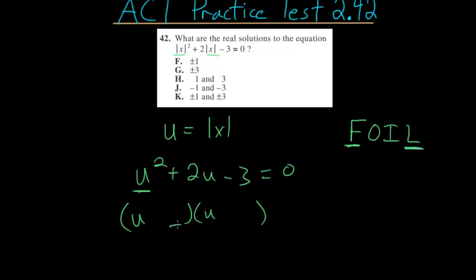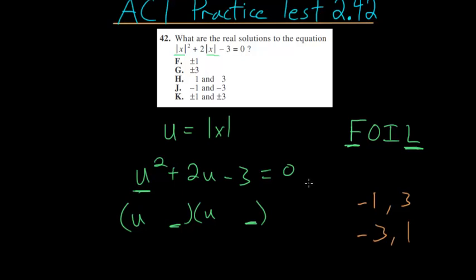We know that this term and this term multiply together to give us this minus 3. So think which numbers can multiply together to give you negative 3. And we can write a list of the possibilities here. So negative 1 times 3 would give us negative 3, or we could just flip the signs. Negative 3 and 1 would also give us minus 3.